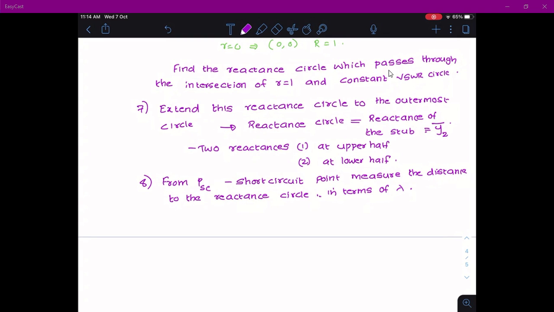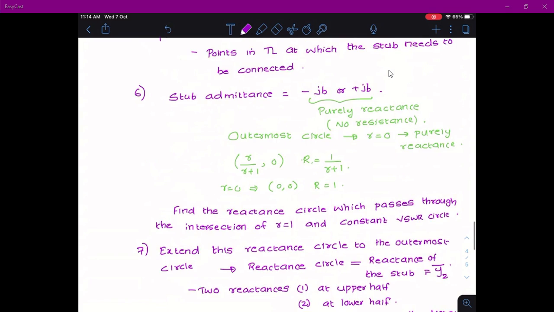So that will give you dA and dB. Okay. So this is how you will do a single stub matching.